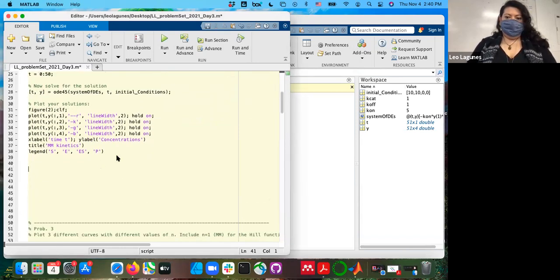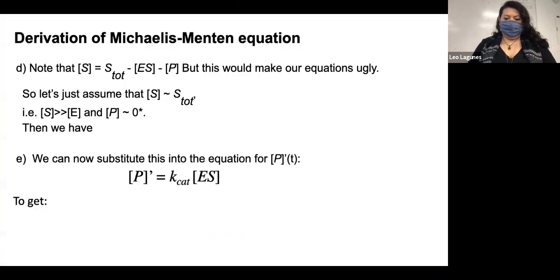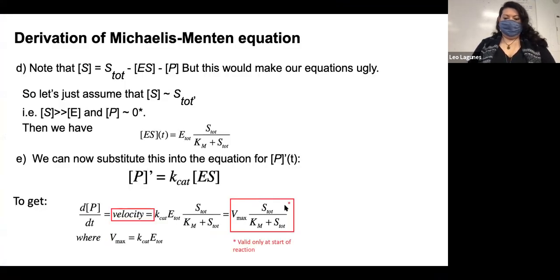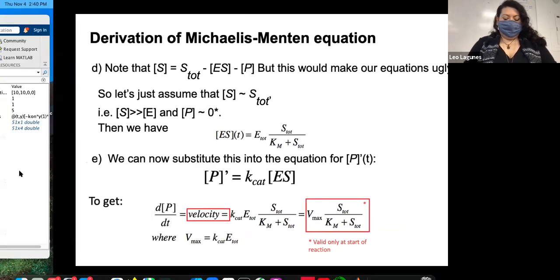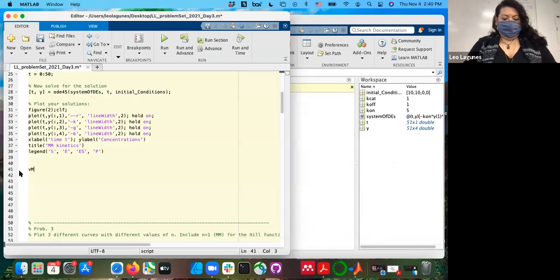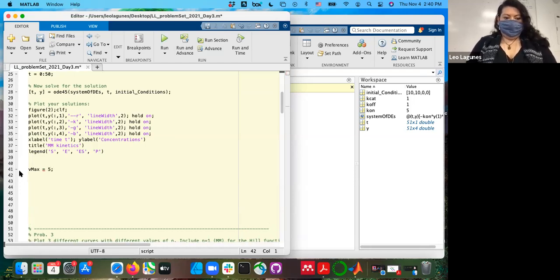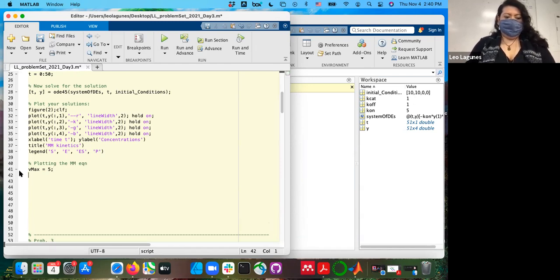So the Michaelis-Menten equation, let me just go back to it right here: V max S tot over Km plus S tot. So we would define V max, let's just leave it something like that. Let me make a comment really quick: plotting the equation. And in this case, the x-axis is going to be the S tot.